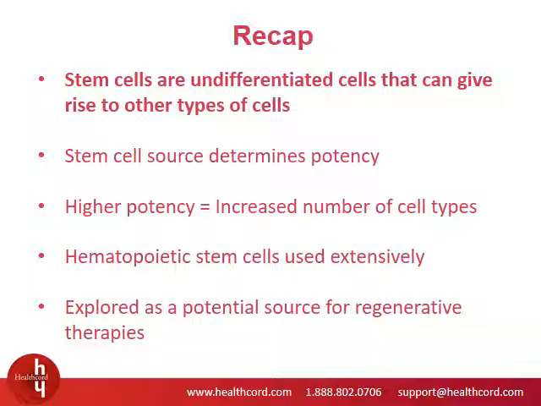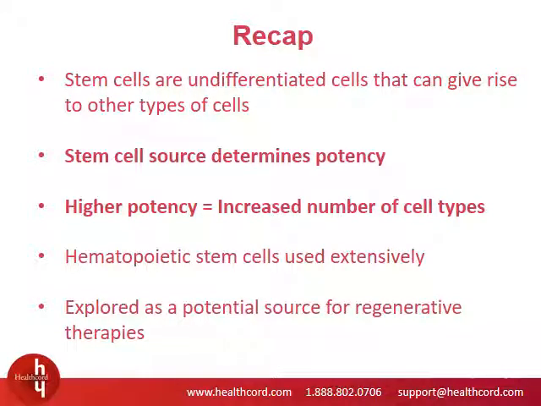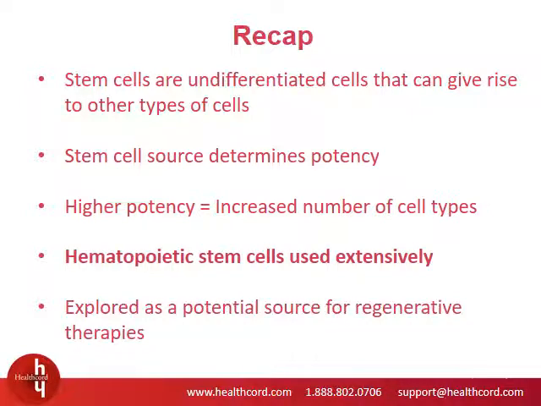To recap, stem cells are defined by their ability to self-renew and give rise to other types of cells in the body. But not all stem cells are equal. Stem cell potential dictates the number and type of cells they're able to regenerate. Stem cells with higher potency are capable of producing more cell types than a stem cell with lower potency.